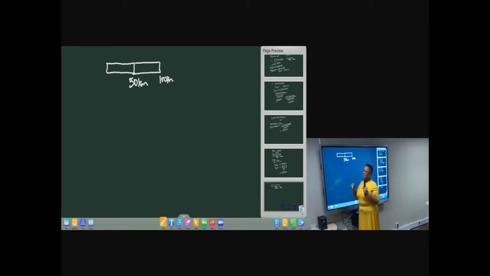I'm going to use the same example. You measured your bar scale and you got 15 centimeters. Then 15 centimeters of yours is equal to 100 kilometers.